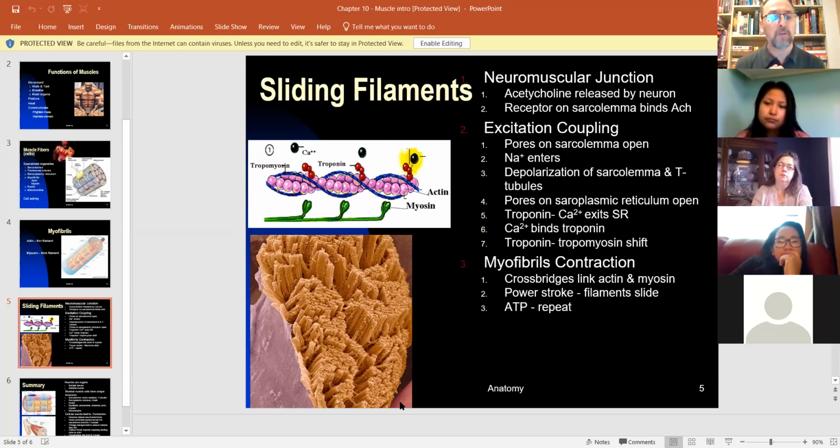Okay, and so that's going to be probably the hardest thing in this chapter, is this kind of figuring out this interaction. Muscle cells have lots of actin and myosin. To contract, they need to release calcium, and they need to have ATP available. And then what happens is the myosin grabs on and just pulls the filaments past one another. Okay.